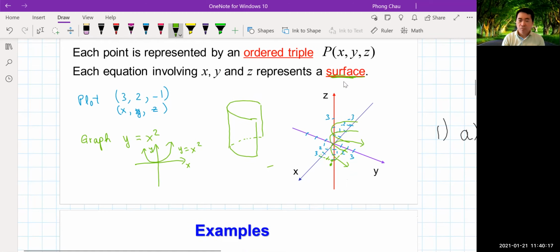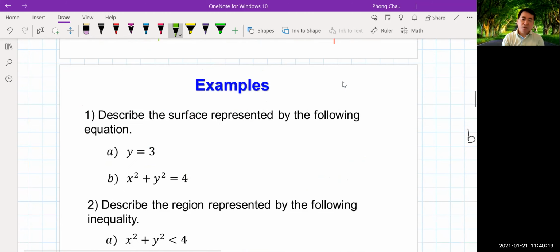Okay, let's look at a couple examples here. Number one, can you describe the surface represented by the following equations? A, what is y equals 3? And B, what is x squared plus y squared equals 4?